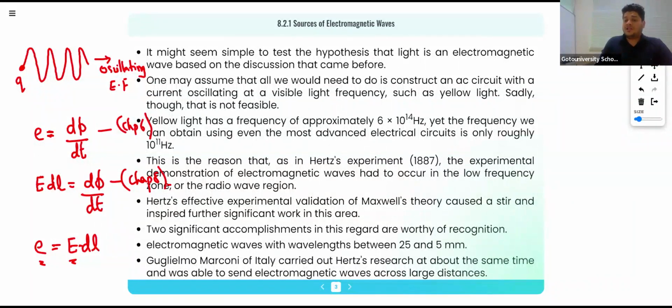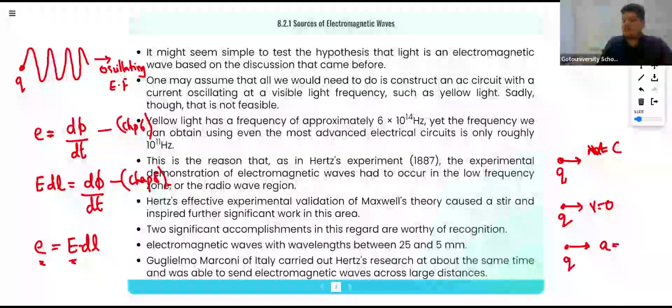There can be a question: how can an electromagnetic field be produced? By a charge moving at constant velocity, or a stationary charge, or an accelerating charge?